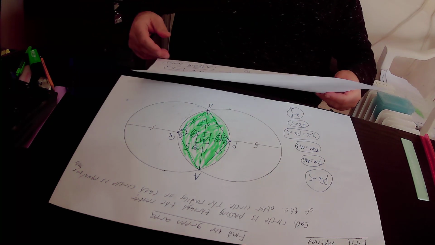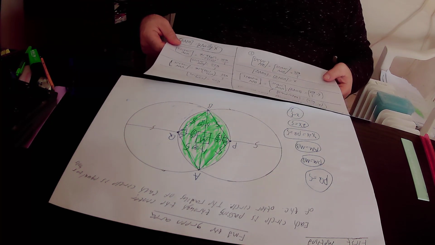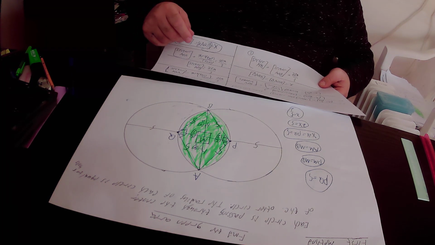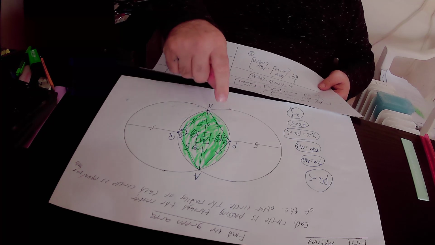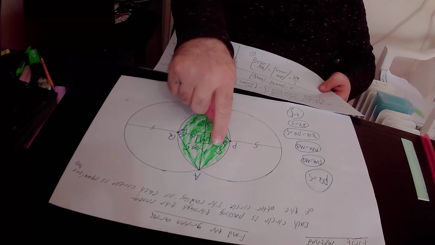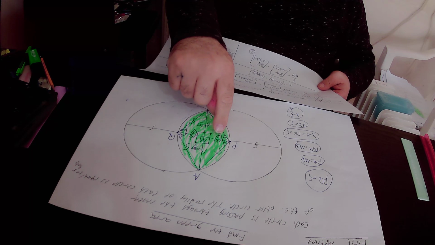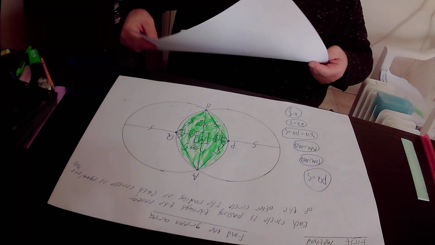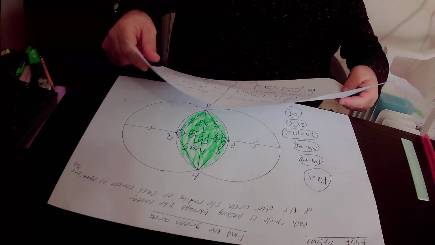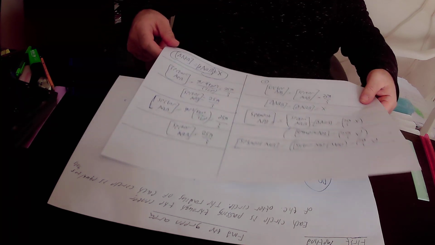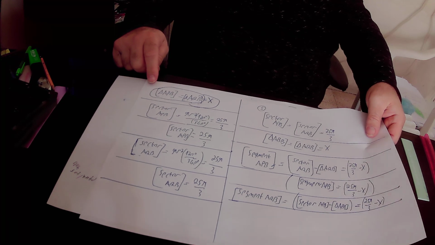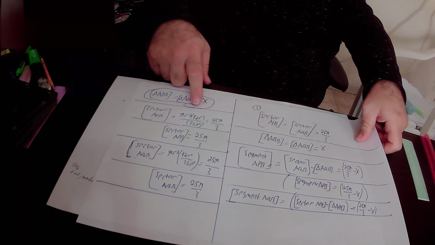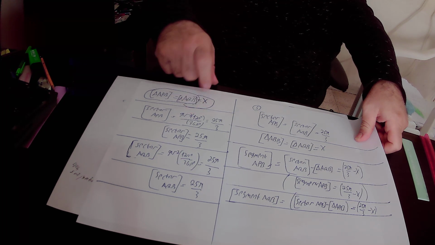And then, what is the area of sector APB? The area of this sector equals pi r squared times 120 degrees over 360 degrees.